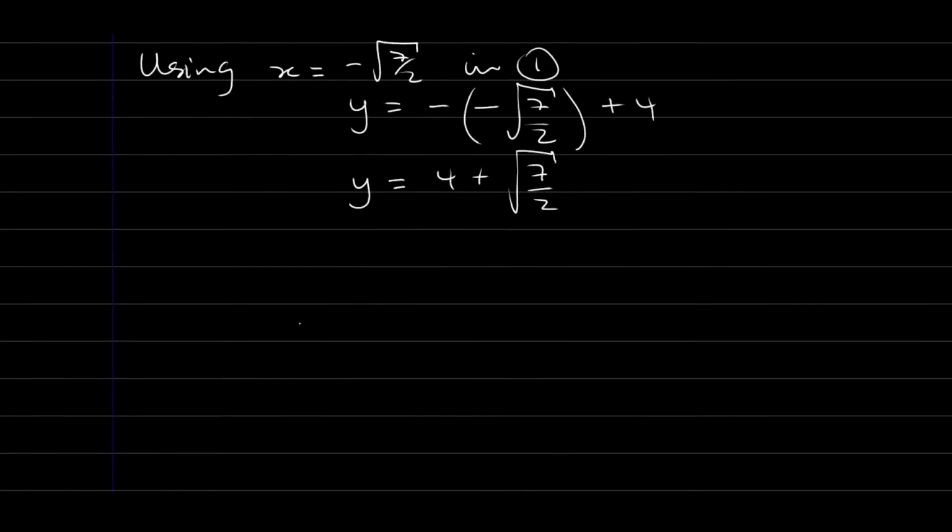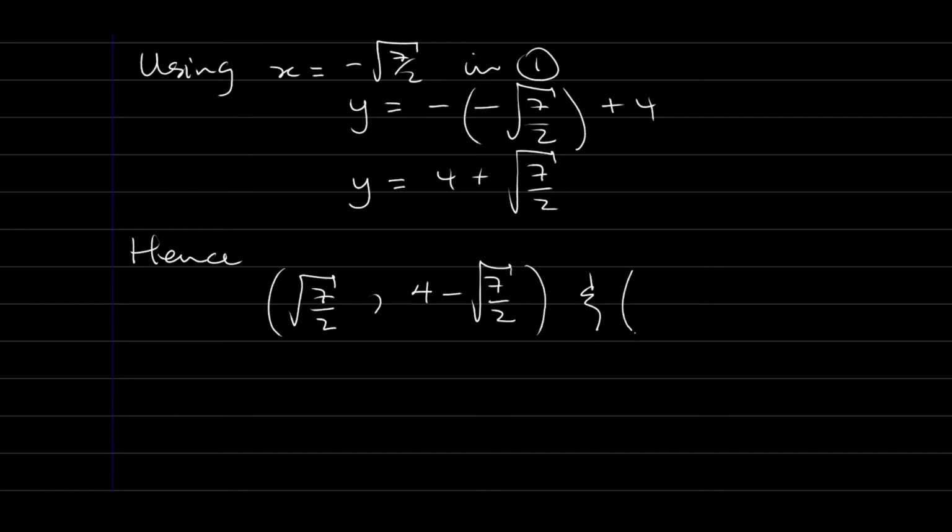So the solutions are, hence, we can see that the root of 7 over 2 gives me 4 minus root of 7 over 2. And the other solution is that the negative root of 7 over 2 gives me 4 plus the root of 7 over 2.